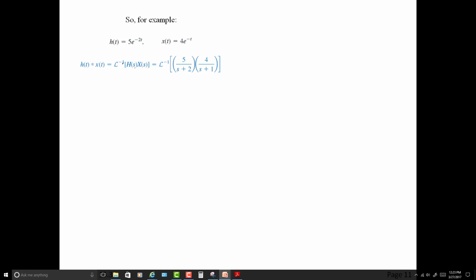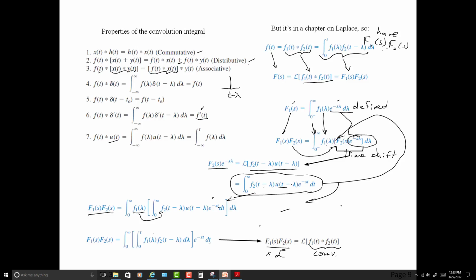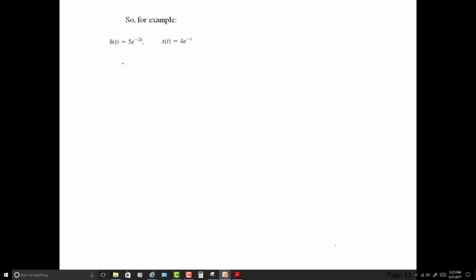The product of two Laplace functions is the Laplace of the convolution, right? Let's go back and take a look. The product, down here in the corner, the product of the Laplace functions is the Laplace of the convolution. So if I go the other way, the convolution is the inverse Laplace of the product.